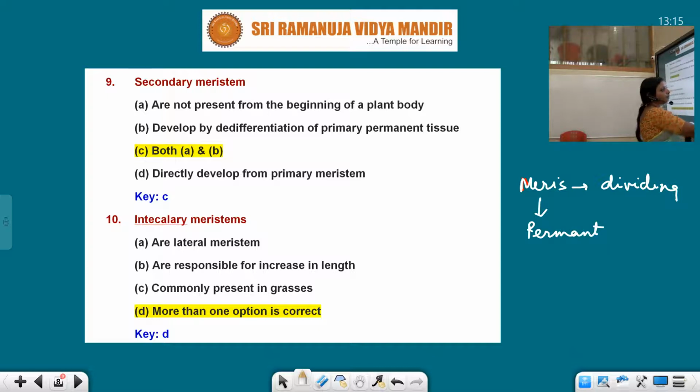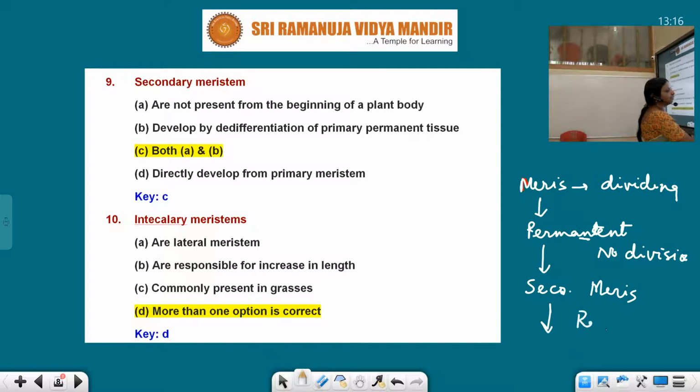Again, permanent, P-E-R-M-A-N-E-N-T, they lost the capacity of division. And again they are de-differentiating, that means they are getting the capacity of division. So permanent tissue becomes secondary meristem.